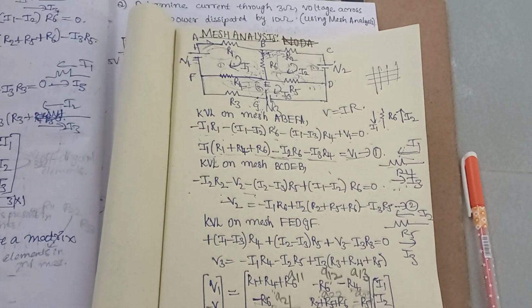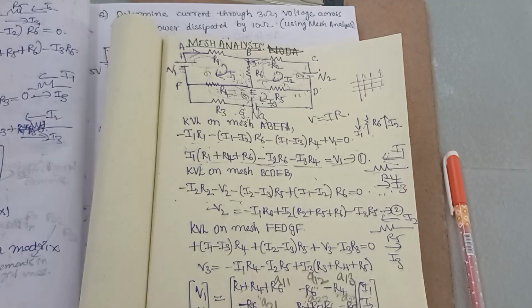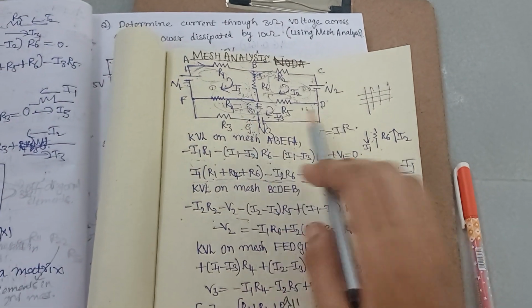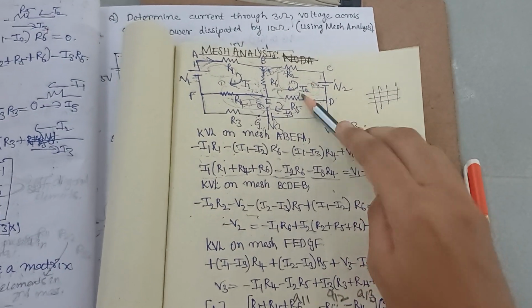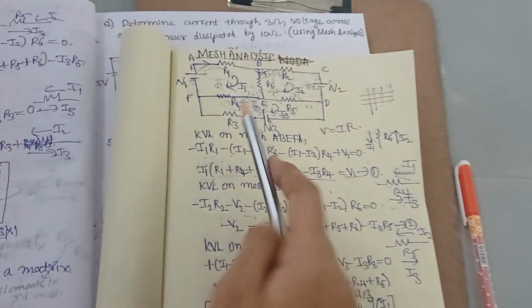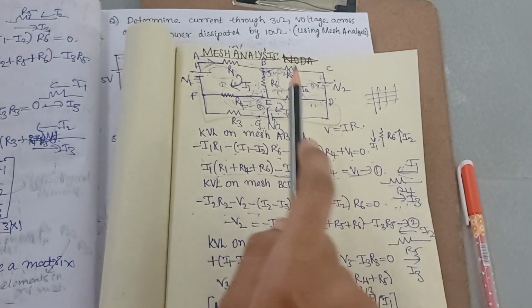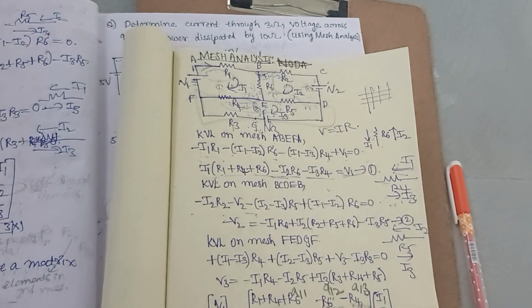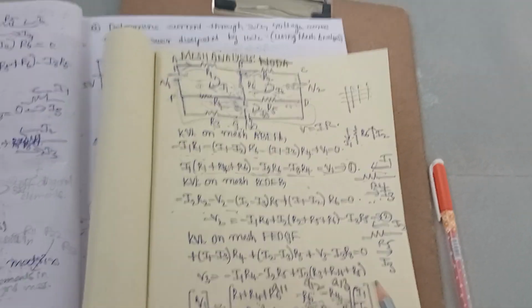Now this is your A32, the resistor common to the third mesh and the second one, which is nothing but your R5, with negative sign, so minus R5. Next, the resistances involved in mesh 3 are R3 plus R4 plus R5.